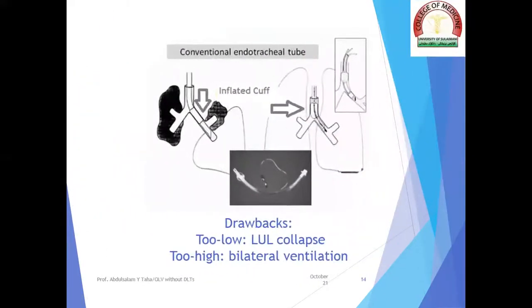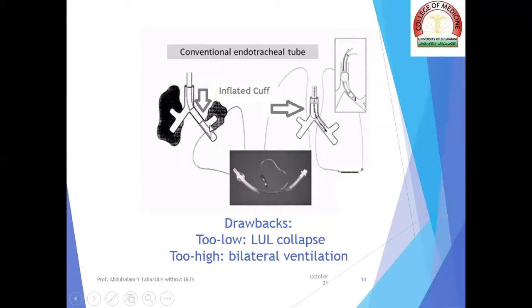So actually, the conventional endotracheal tube is not an ideal method for lung isolation. It has some drawbacks, as seen in this picture. The endotracheal tube may be passed too low, and in that case, the distal end of the tube can block the orifice of the left upper lobe, resulting in a collapse of the left upper lobe.